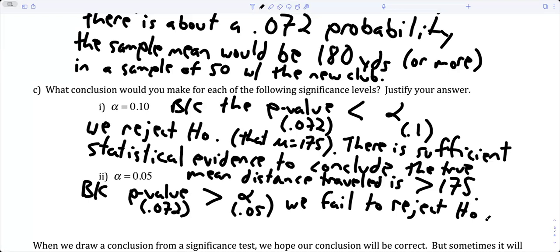And so what's my conclusion here? You always need to write it like this. If we reject, there is sufficient statistical evidence to conclude, and then put it in context of the alternative.